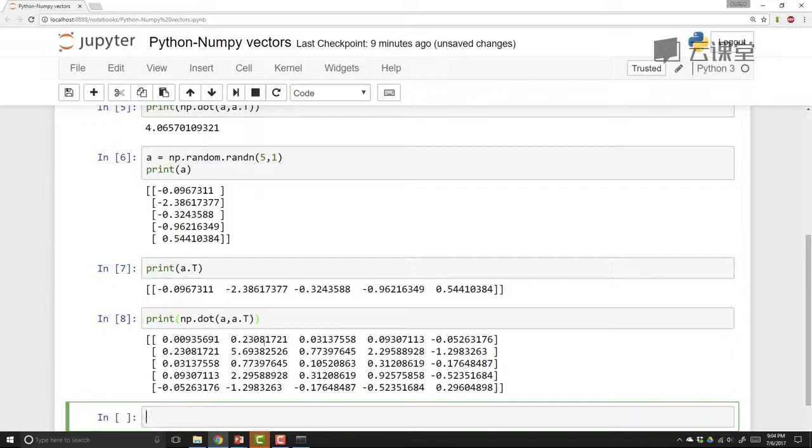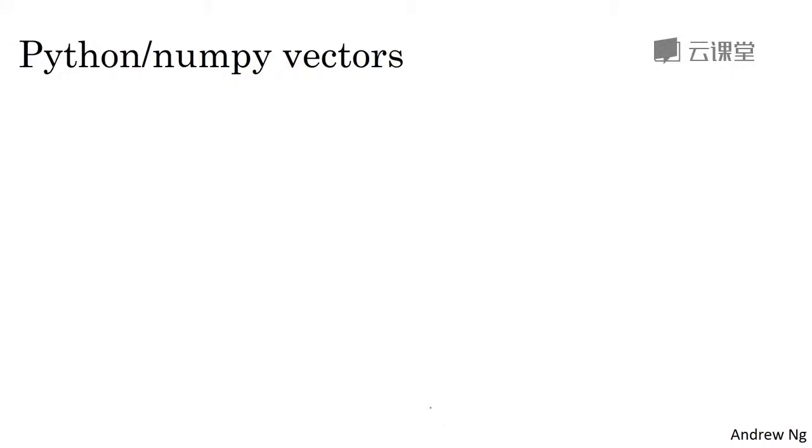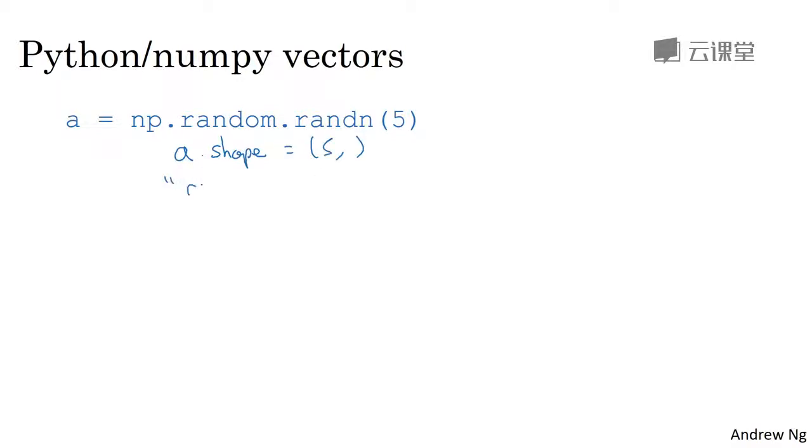So let's look in greater detail at what we just saw here. The first command that we ran just now created a data structure where a.shape was this funny thing (5,), and so this is called a rank 1 array. And this is a very funny data structure.